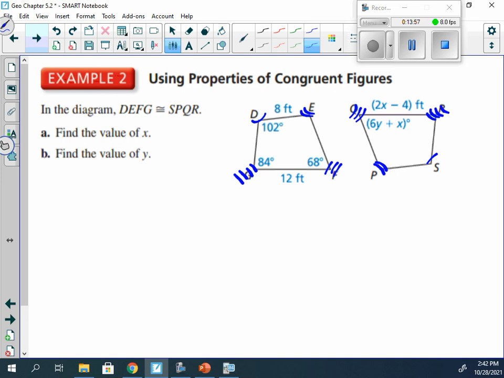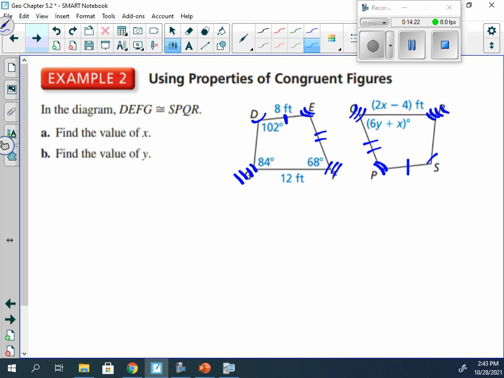Now we can also say, well, DE between angles 1 and 2 that are matching would be the same as S and P, because those are between those two angles, yes? E and F and P and. So we can follow the same thing.